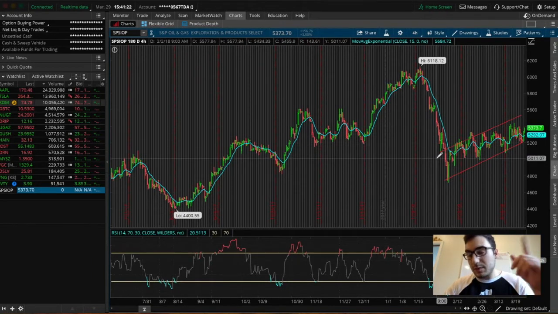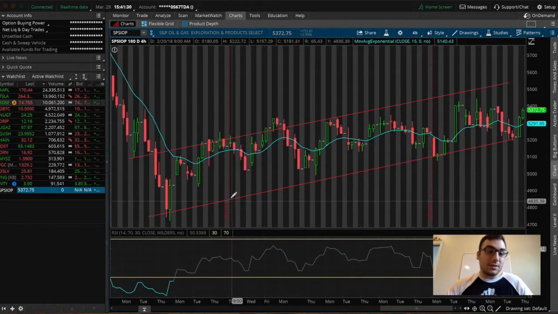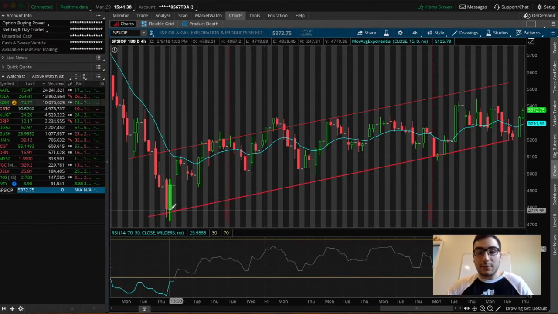So let's talk about this particular pattern that I see, and it's pretty obvious, guys, that this particular index is on an ascending uptrend pattern. So what that pretty much means is that it's creating higher highs, and the price is going up over time. So we're going to look at it right here, and we see that the index was at $4,700 right here. $49 here, then it peaked up at $51.88, down to $5,000.